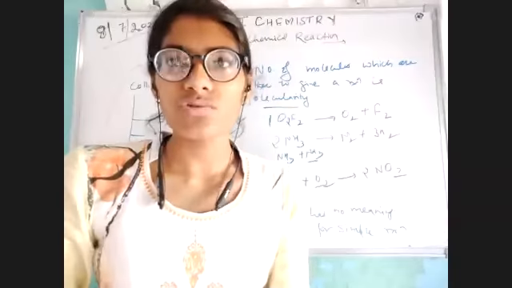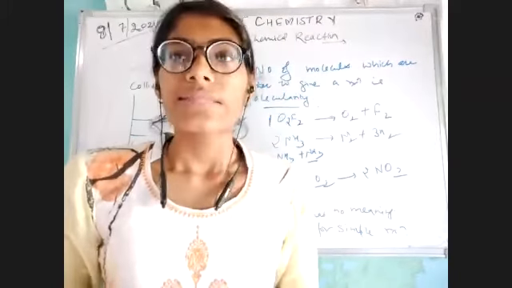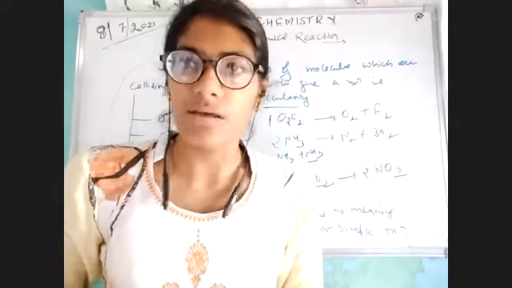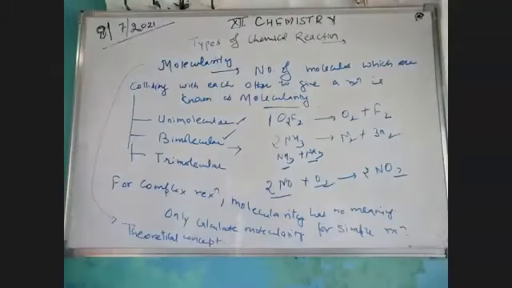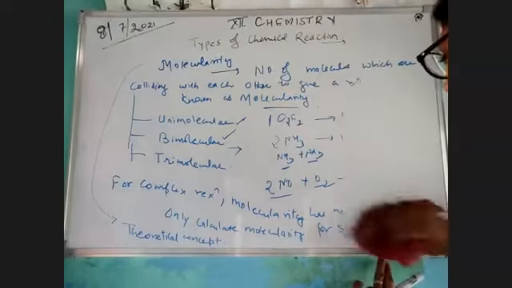Okay. Before going to another point, I just want to explain one last point. That is, molecularity of more than 3 is very rare. I'm just saying reaction with molecularity more than 3 is very rare. Why is it so? Let's check out a very simple concept.